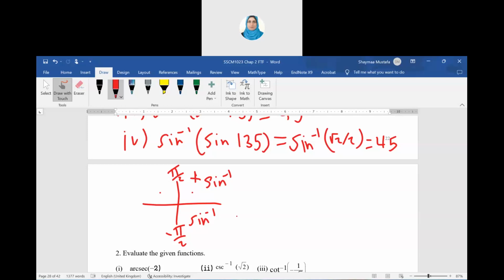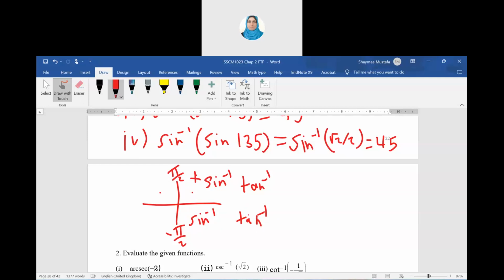Same for tan inverse. Tan inverse has the same range, from minus pi over 2 to pi over 2. So for a positive value, take your angle from the first quadrant. If you calculate tan inverse for a negative value, choose your angle from the last quadrant.